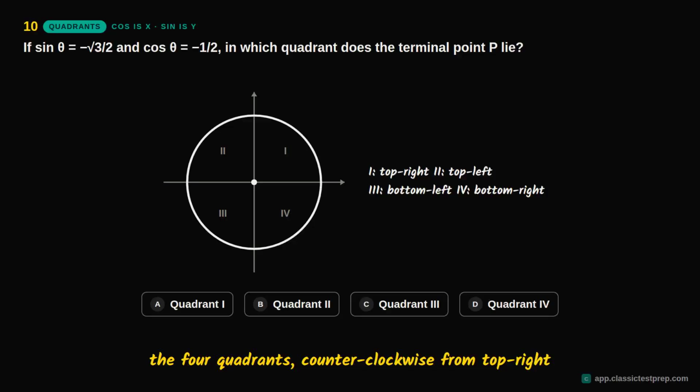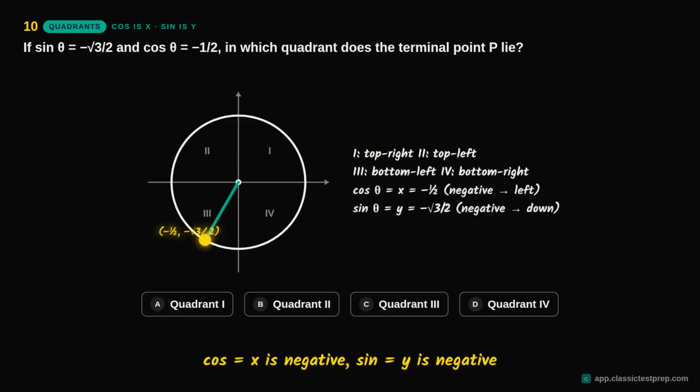Either way, it works. For an angle theta in the standard position, sine of theta is negative square root of 3 over 2, and cosine of theta is negative 1 over 2. What quadrant does the terminal point P from theta's terminal side lie in?